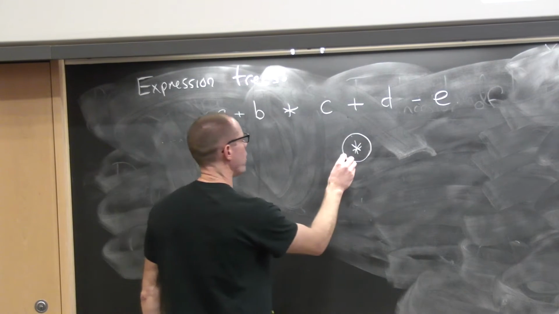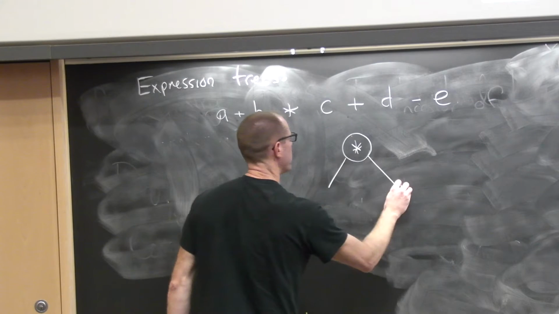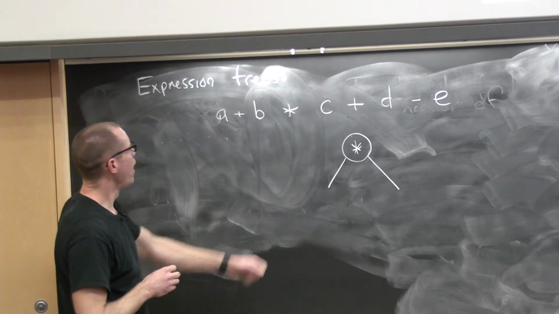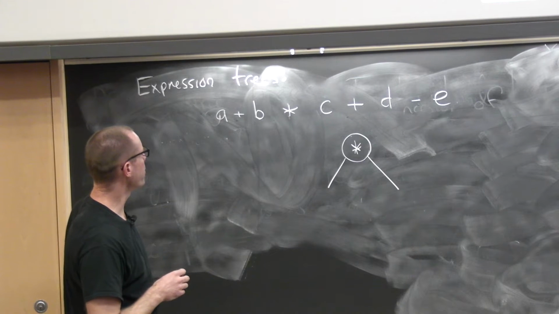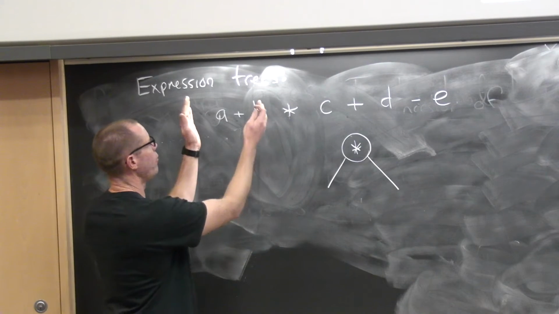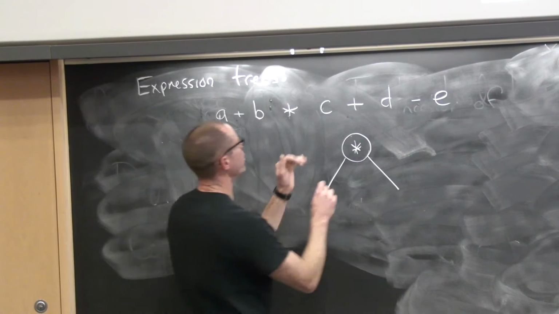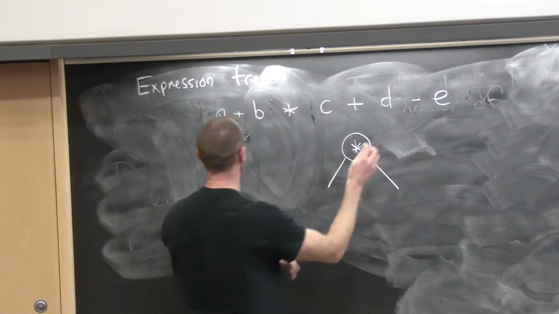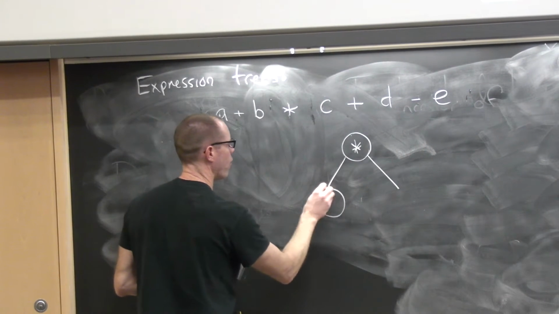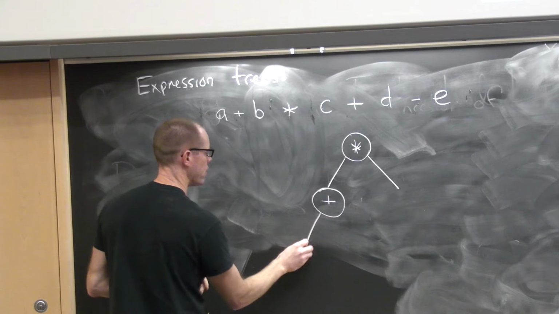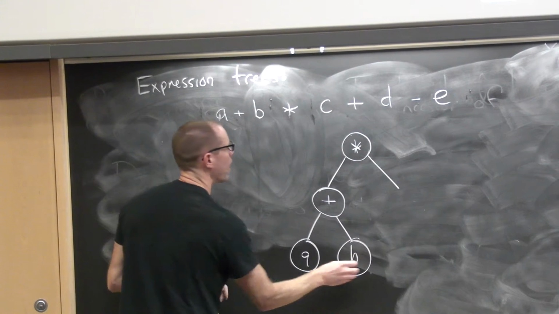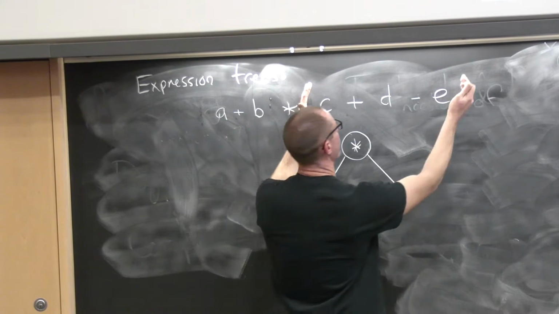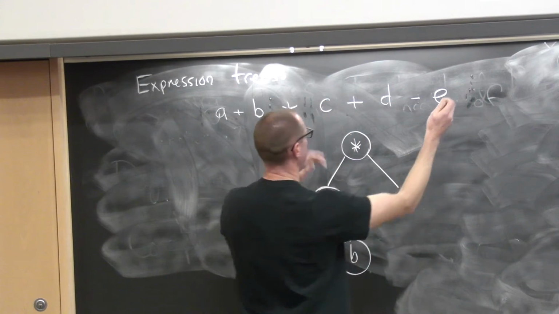And so the children of a node are its 2 operands. Here I have a multiplication operation which has 2 children, or 2 operands. On the left is a plus b, and on the right is c plus d minus e. So on the left we would have the tree that represents a plus b, and on the right, the tree that represents c plus d minus e.